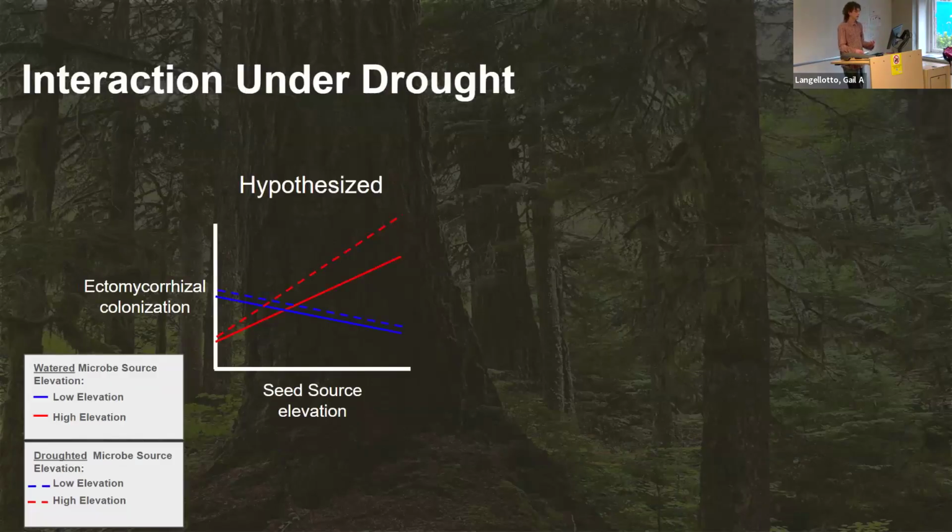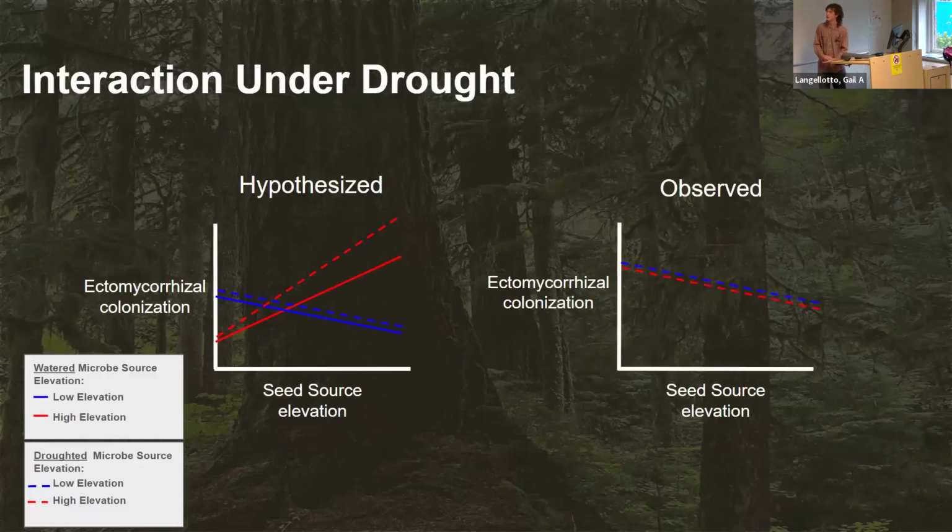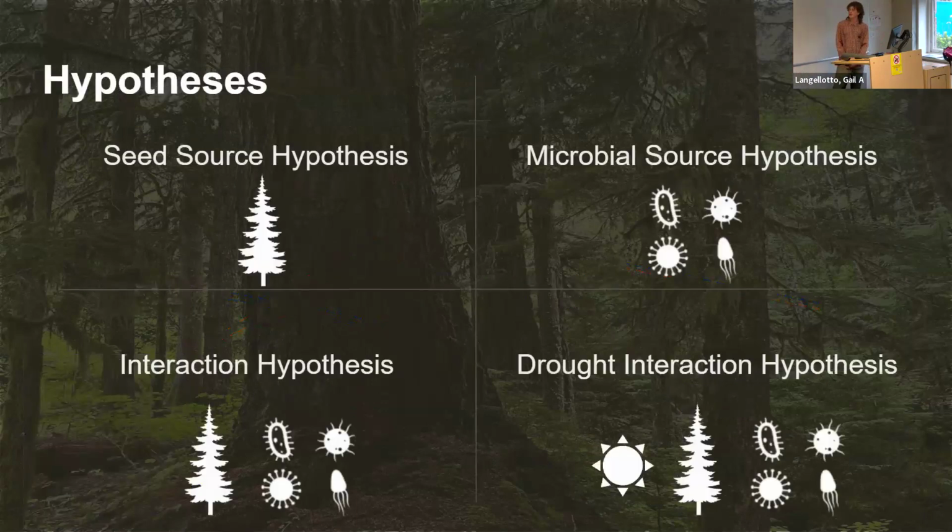And any difference that we do see in colonization, again, is going to be on that seed source level. So unfortunately, we didn't have any support for our drought interaction hypothesis here. But we did again see that seed source origin plays a significant role in colonization abundance.